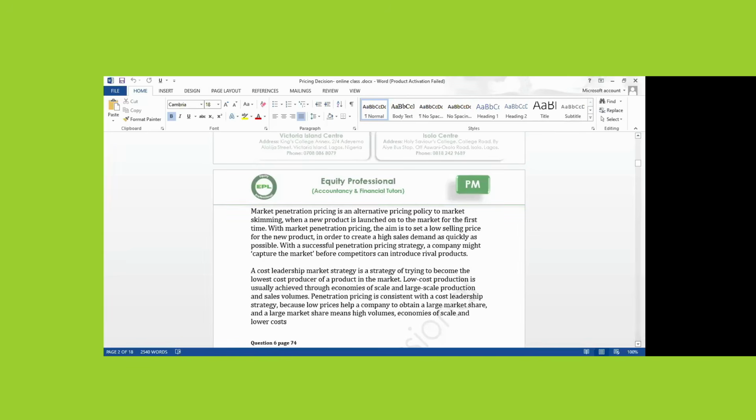A cost leadership strategy is a strategy of trying to become the lowest cost producer of a particular product in the market.